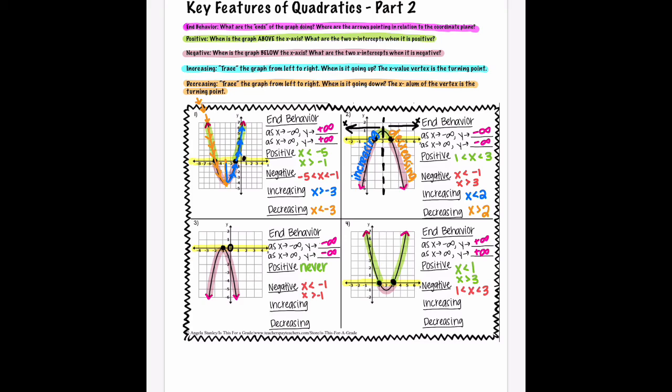Okay, example number 3, increasing versus decreasing. Here's our axis of symmetry, or the x value for our vertex. If we trace from left to right, starting on the left, we're going up, so we're increasing.